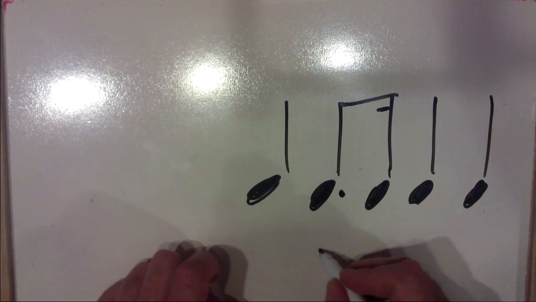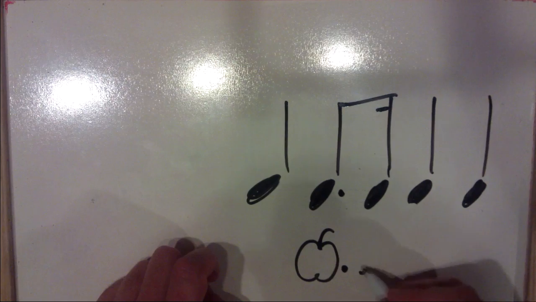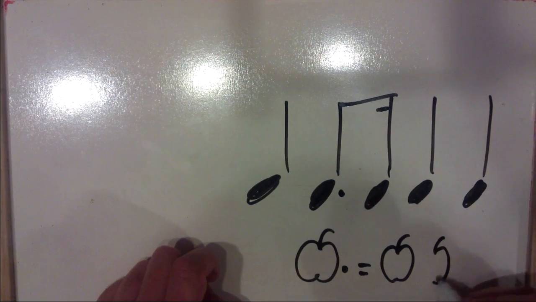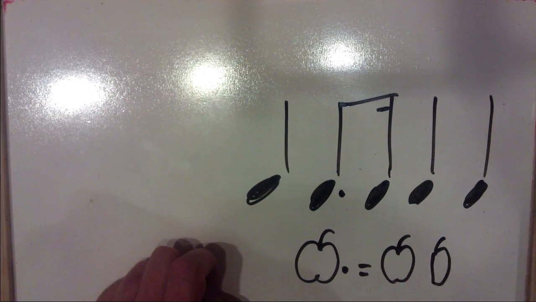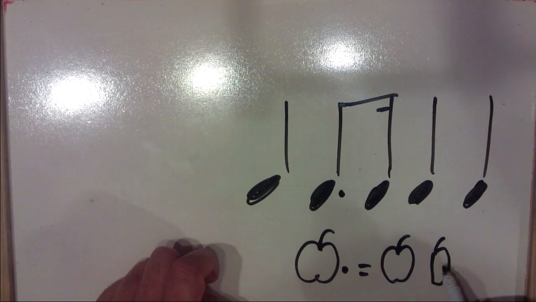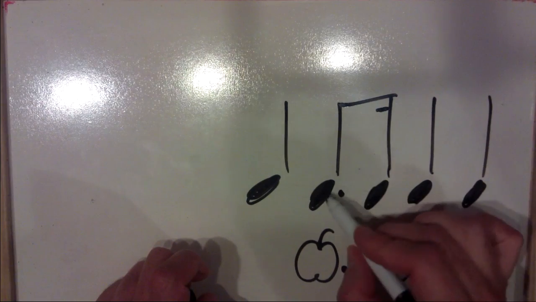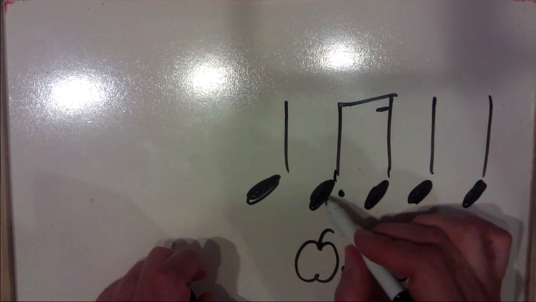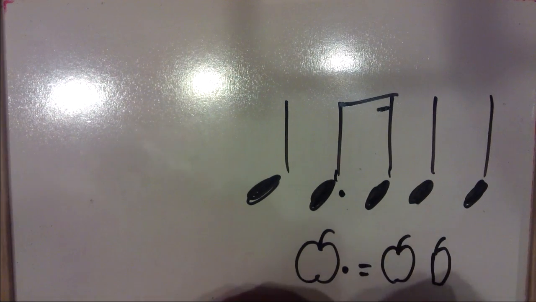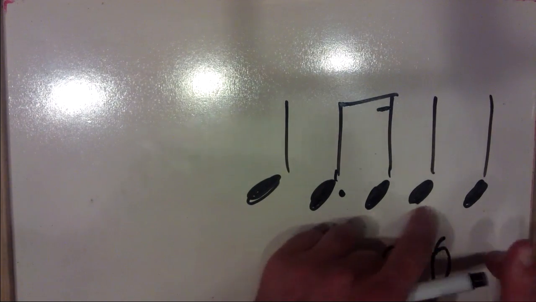So remember the apple with a dot is equal the apple plus half an apple. So an apple with a dot is an apple and a half. So that is going to be an 8th note and a half of an 8th note. So that's going to sound pa pa pa pa pa.